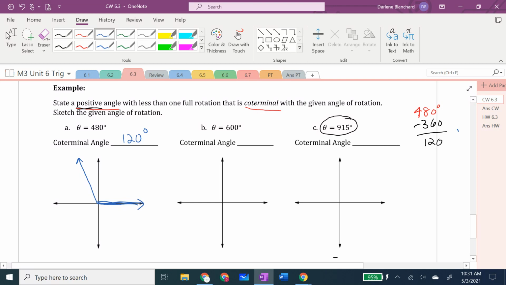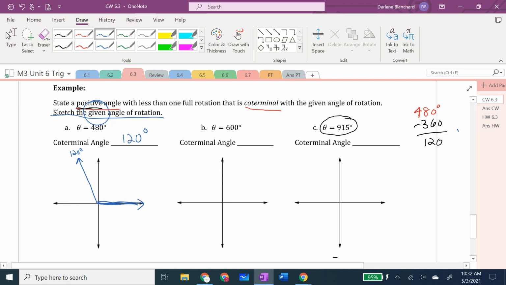And it's not perfectly drawn here. Now, what's asked of you is just to sketch the given angle.